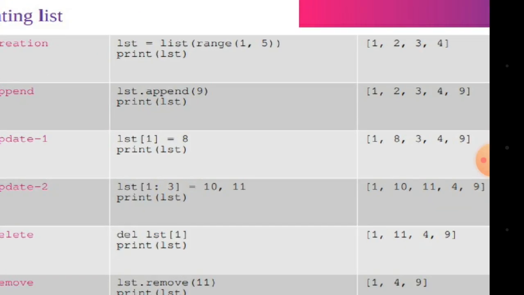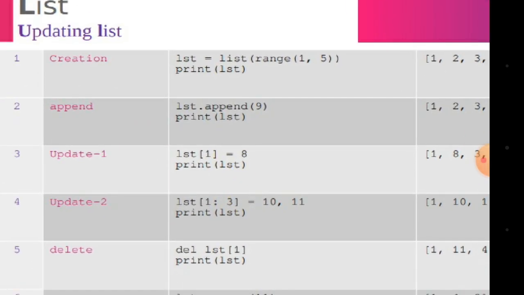Next, these are some operations we can perform on the list. First, for creation, append. Append means if we want to add a certain element to the list, we can directly write list dot append, and write the value inside the append function.